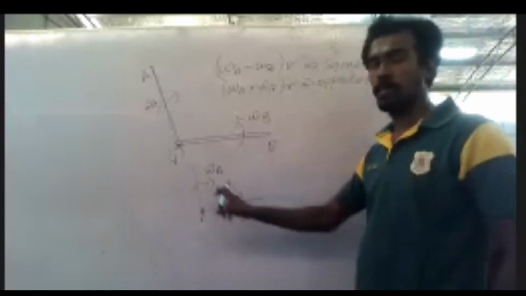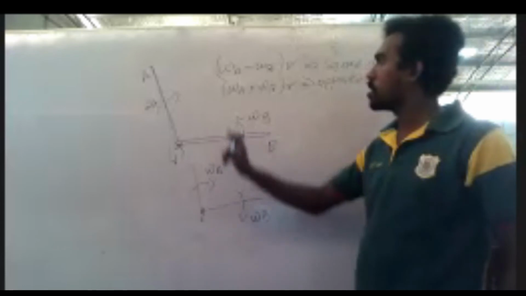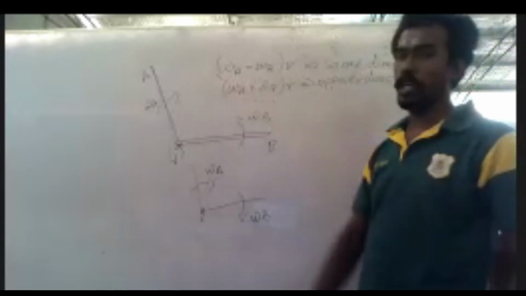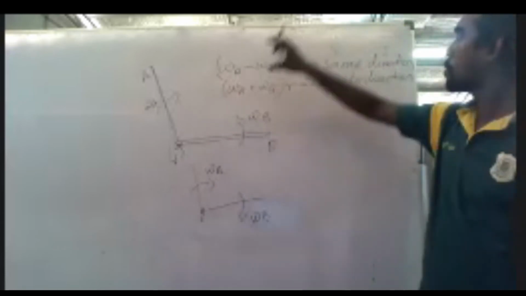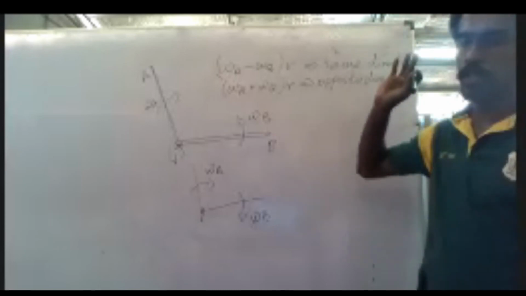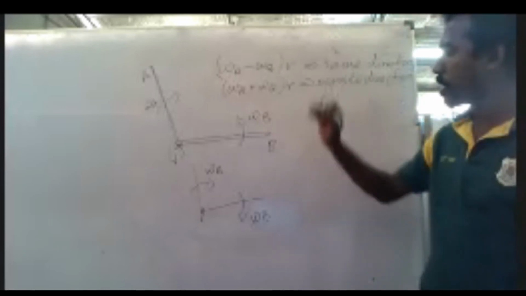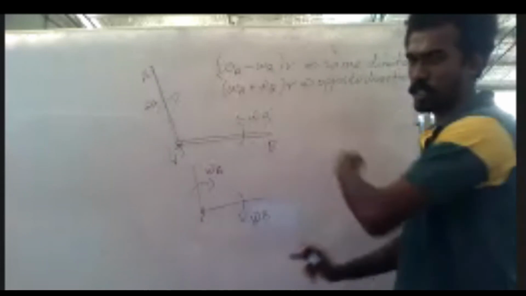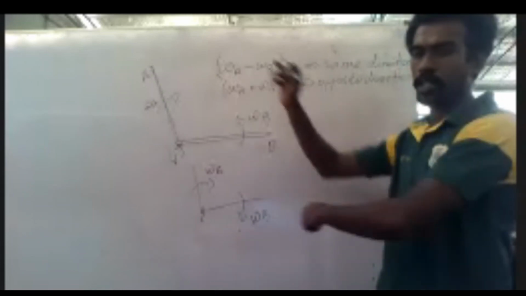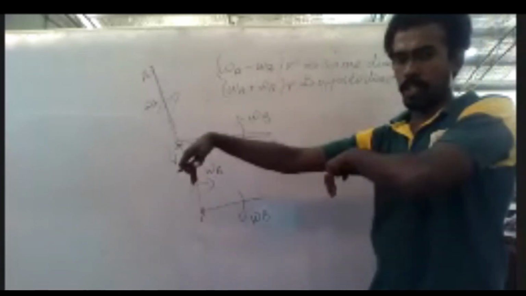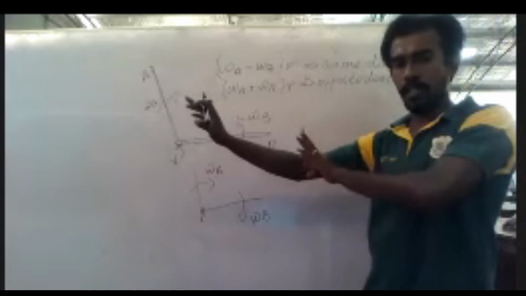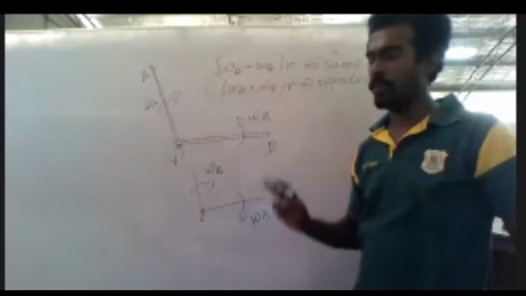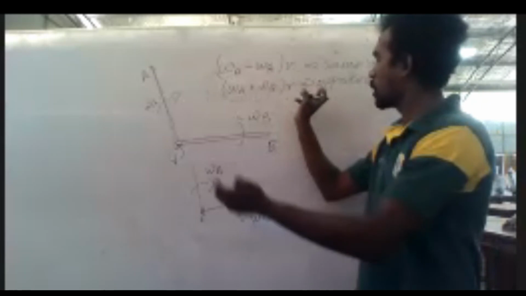So both are moving in the same direction, and here we will go for omega A minus omega B. They can either both be rotating clockwise or both anti-clockwise. Same direction, omega A minus omega B; opposite direction, omega A plus omega B.